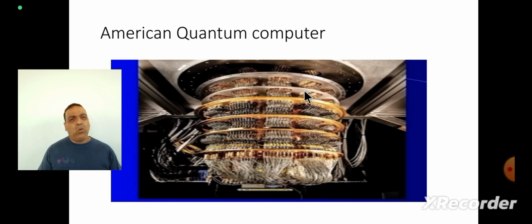Now, what these pipes do is make sure that the temperature surrounding this quantum computer, which is at the base of this bulge, is very, very close to absolute zero.